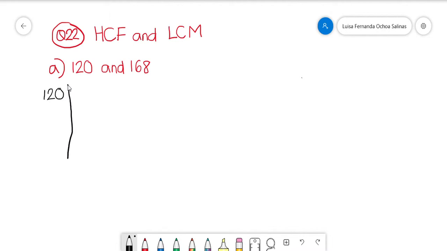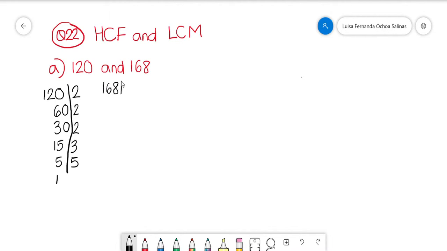So we do 120 divided by 2 is equal to 60, divided by 2 is 30, divided by 2 is 15, divided by 3 is 5, and divided by 5 is 1. Fantastic.